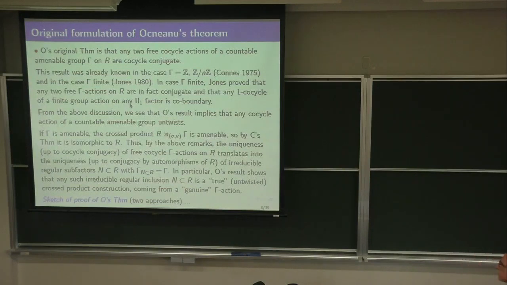So I was thinking to give a sketch of the proof of Ocneanu's theorem. The proof he gave is quite involved, because it really goes the hard way. I can explain a little bit of two things that were very important.